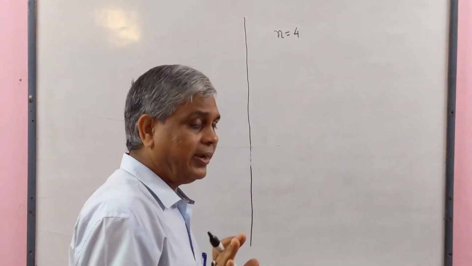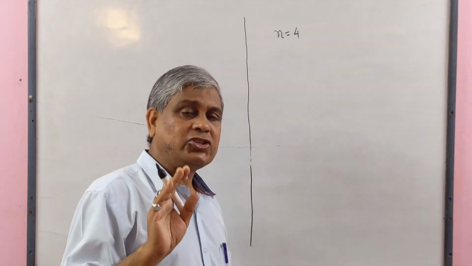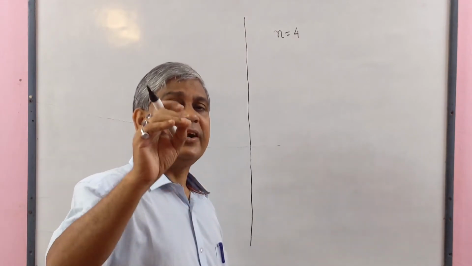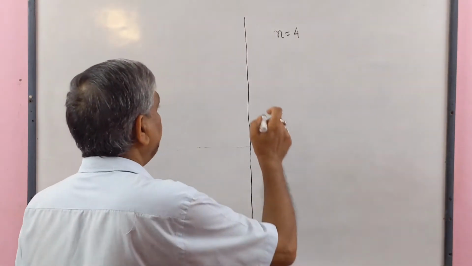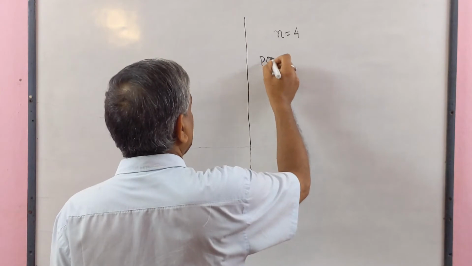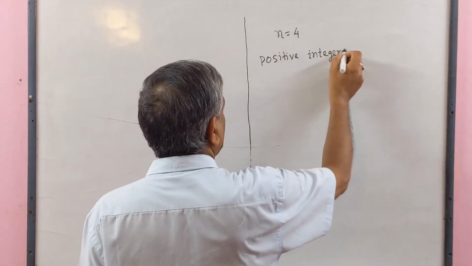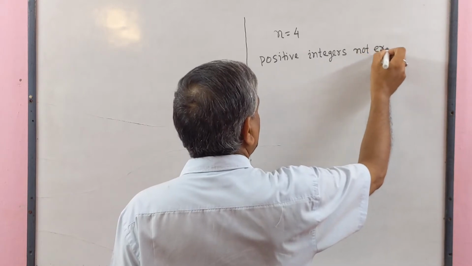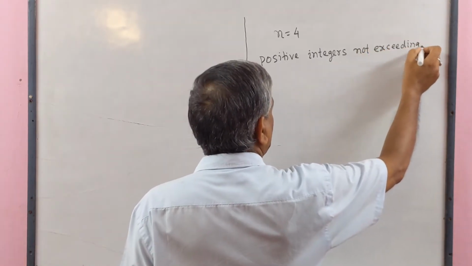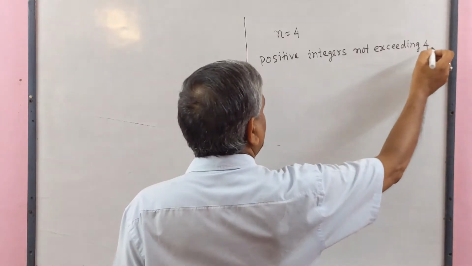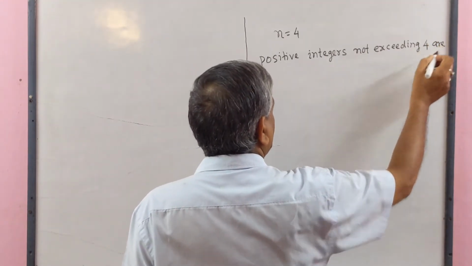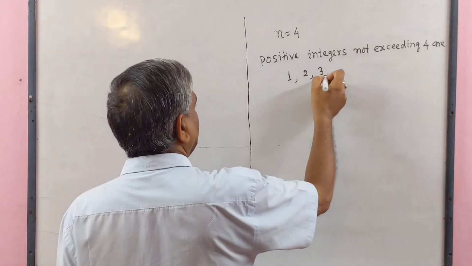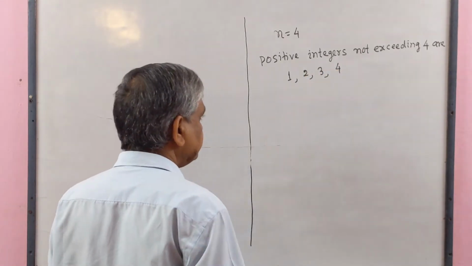Now we find the positive integers not exceeding 4. Positive integers not exceeding 4 are 1, 2, 3, 4.